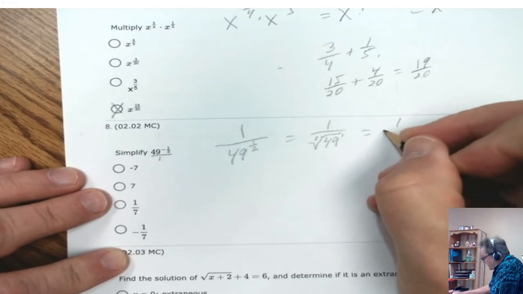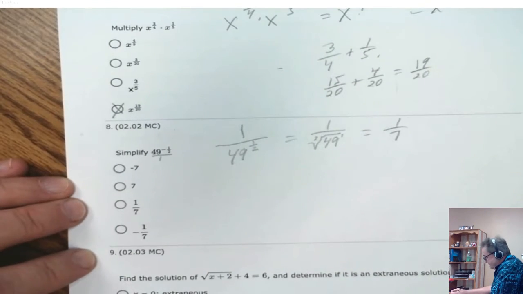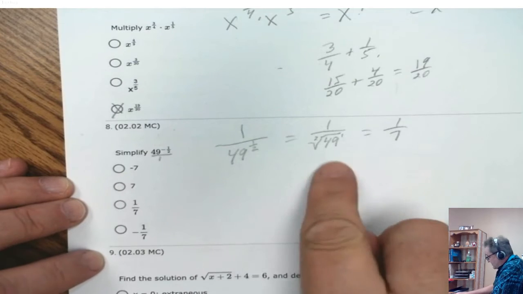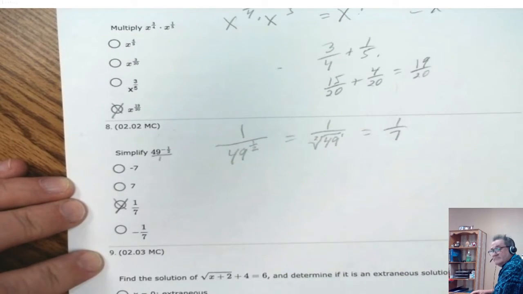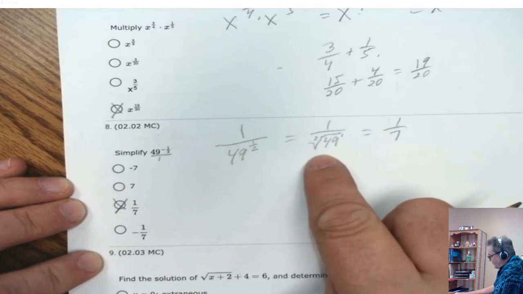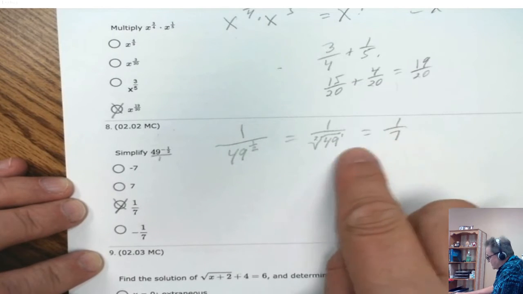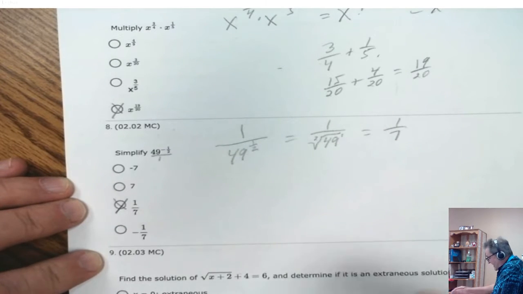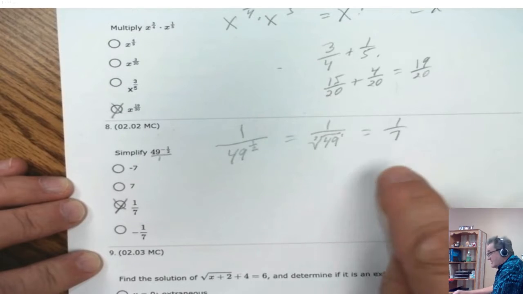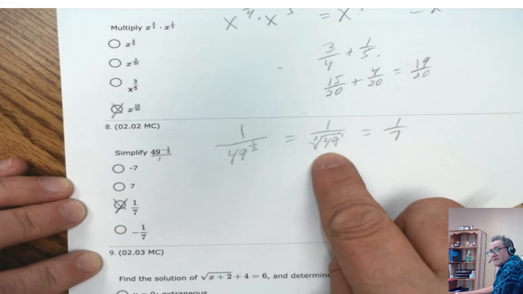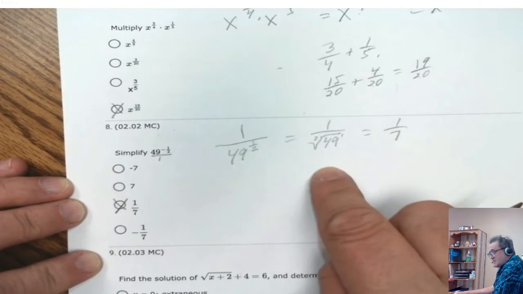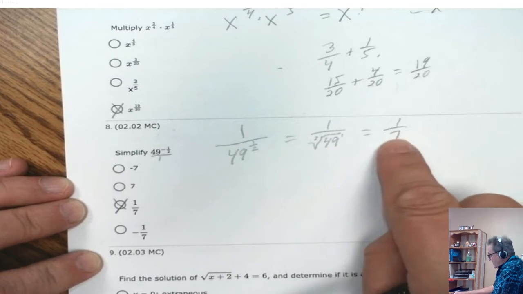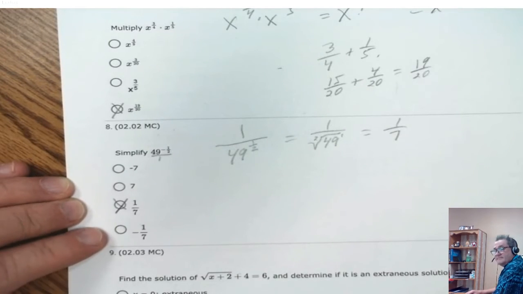Well, what's the square root of 49? 7. So when we simplify that, 1/7. When converting radicals to fractions, we don't consider the negative square root, because 49 actually has 2 square roots, 7 and -7. But when simplifying these, we assume the positive. 1/7.